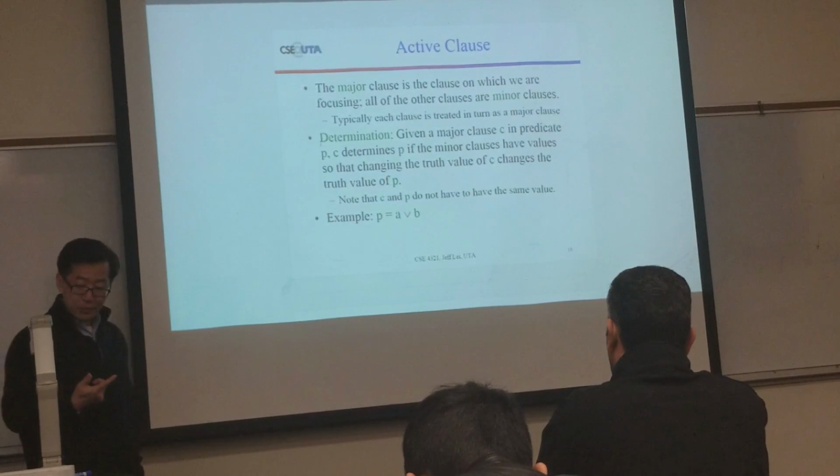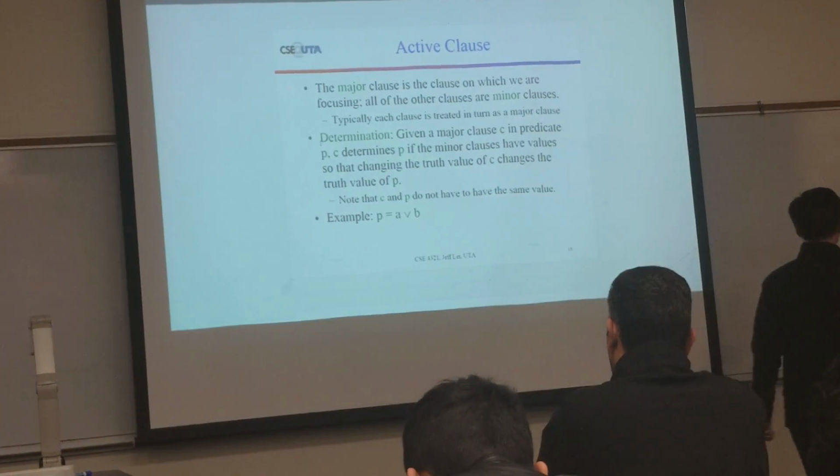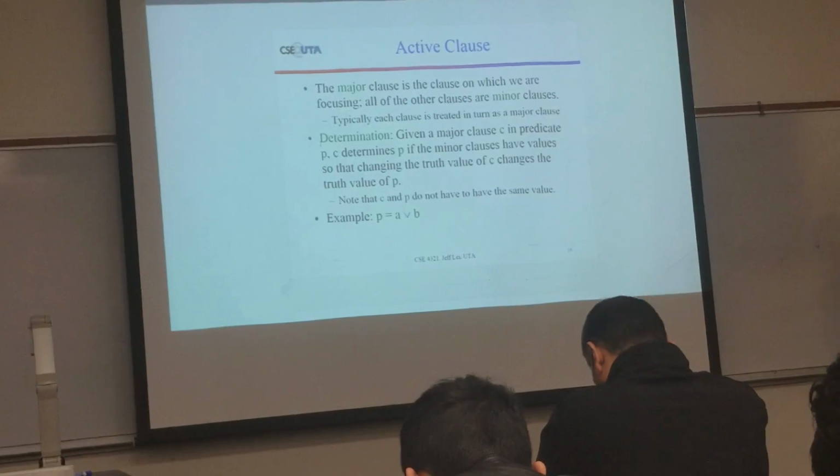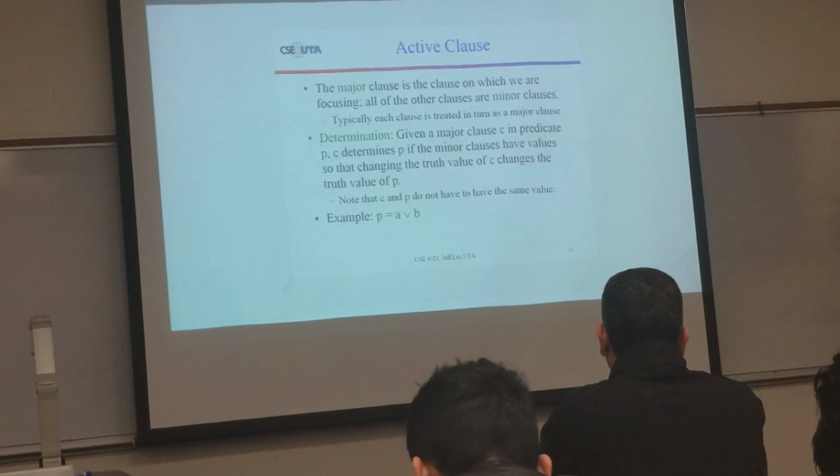Why do we have the masking effect? That's because of what happens with the Boolean operator. We have A or B. If B is true, what value A has does not matter, right?